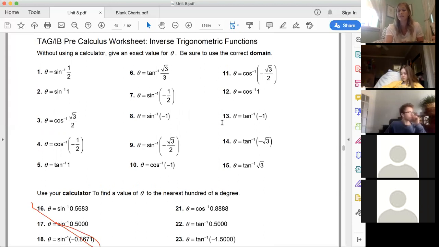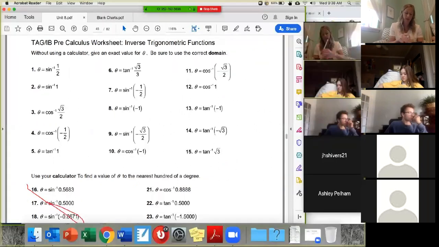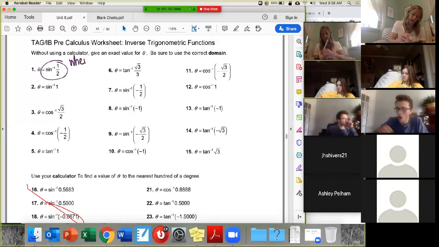This just means understand what the notation is saying. These are the same as solving the questions that we've been doing. This is asking the question, where is sine equal to 1/2? Even though it is in the inverse notation, it's still asking that same question.